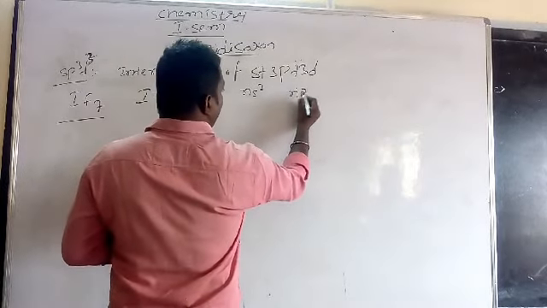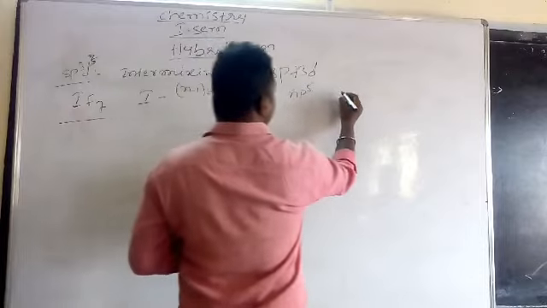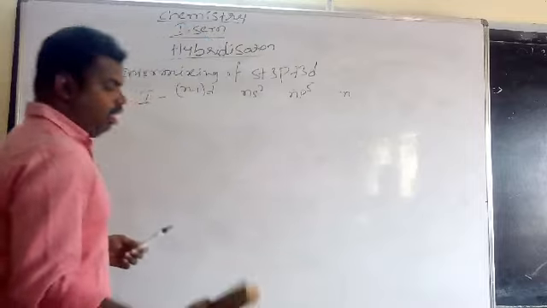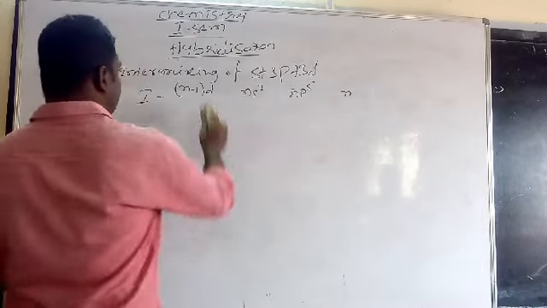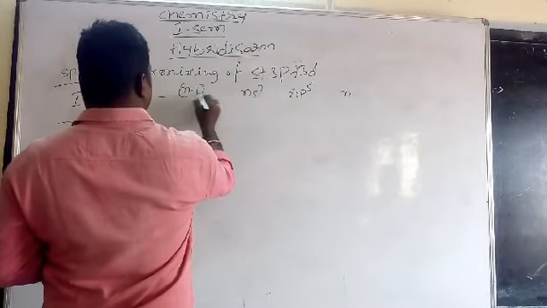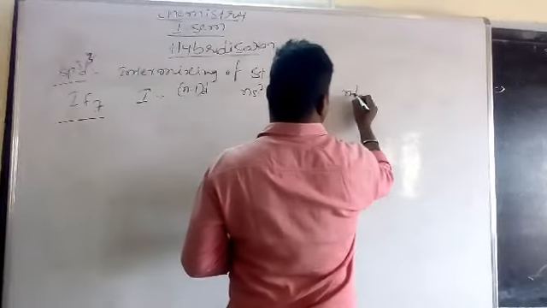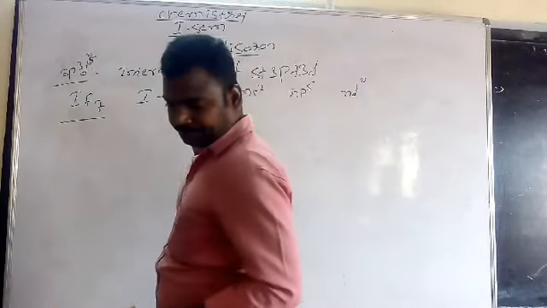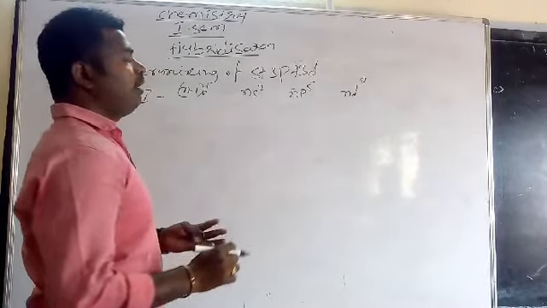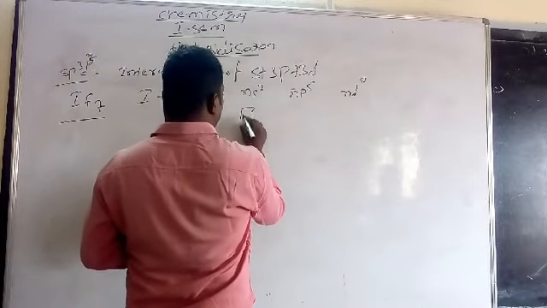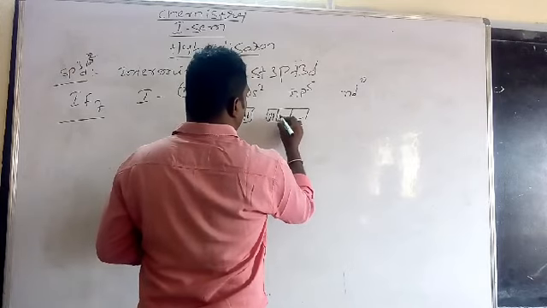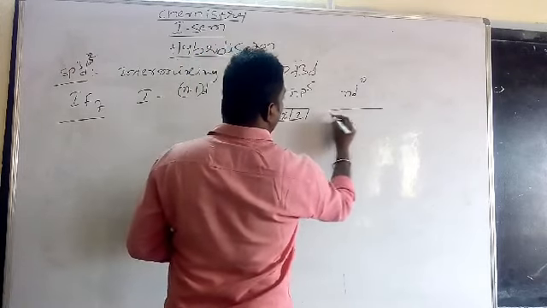ns2 np5 nd0. In iodine heptafluoride, the np5 and nd0 are there.